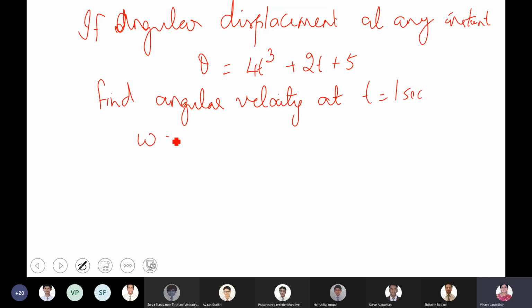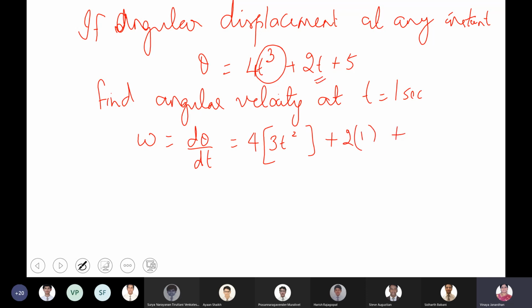So what is angular velocity? Omega is equal to d theta by dt. So here 4 into, I have to differentiate t cube. It becomes 3t squared. 3 comes in front, the power will be less. Next, if you differentiate t, you will get 1, plus constant is 0. So omega is equal to 12t squared plus 2.